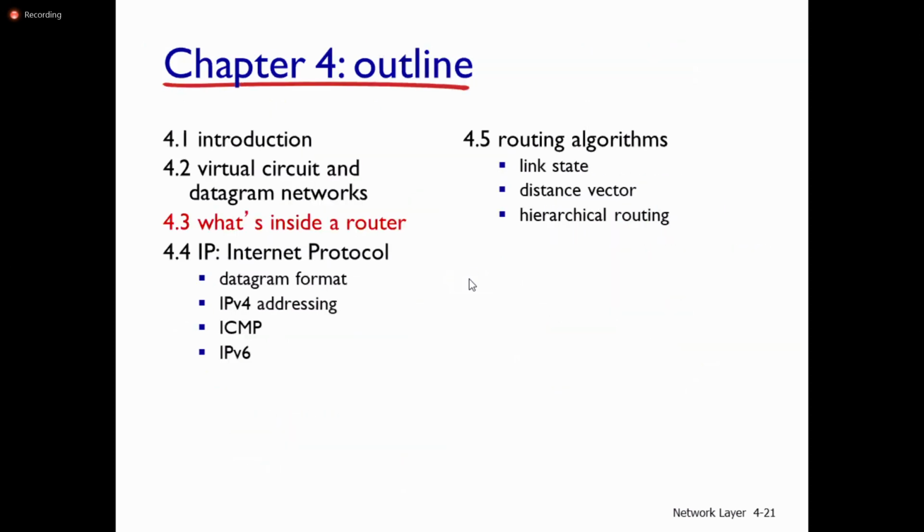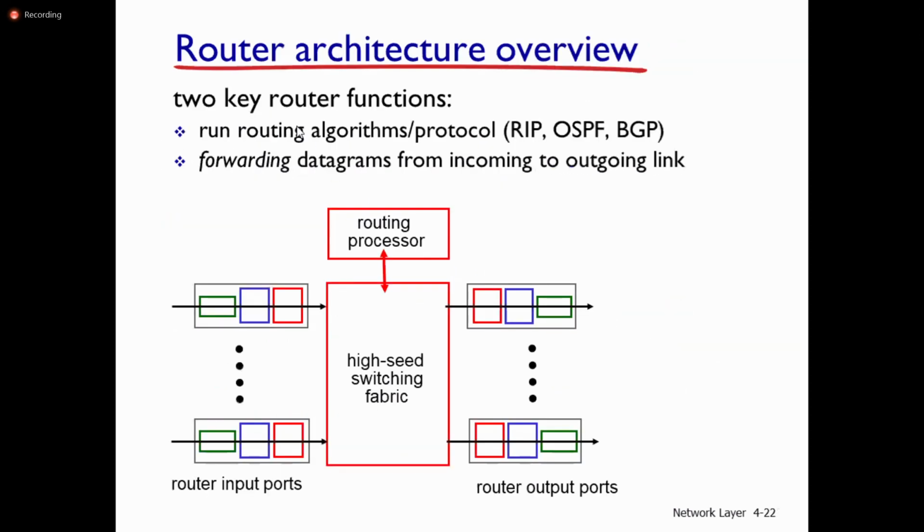If you look at what's inside a router, there are two key router functions. The first is running routing algorithms and protocols. The second is forwarding datagrams from incoming to outgoing links.